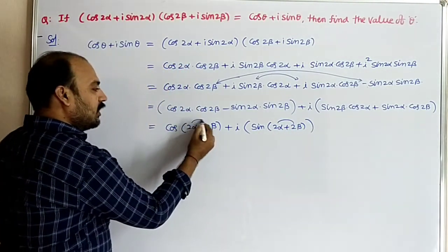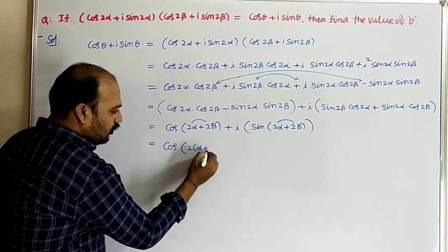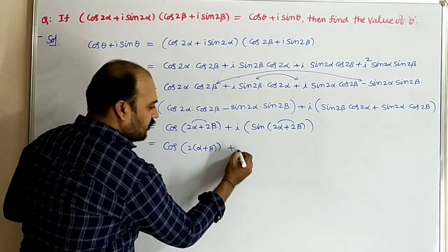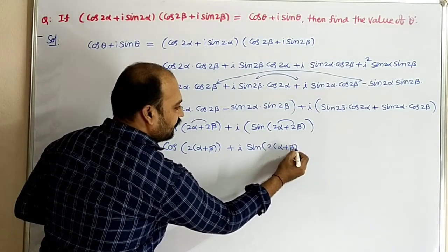Taking 2 common, cos of 2 into alpha plus beta plus i into sin of 2 into alpha plus beta.